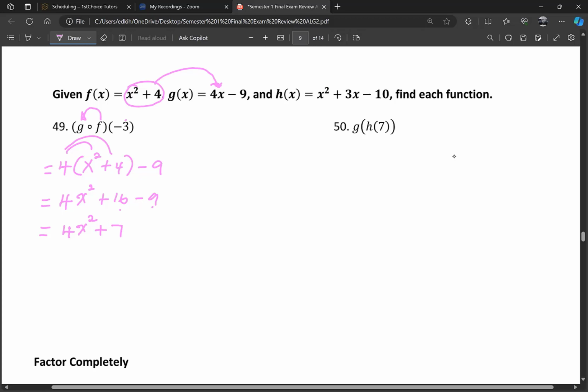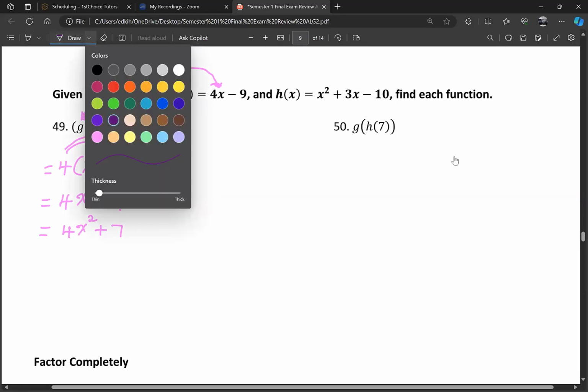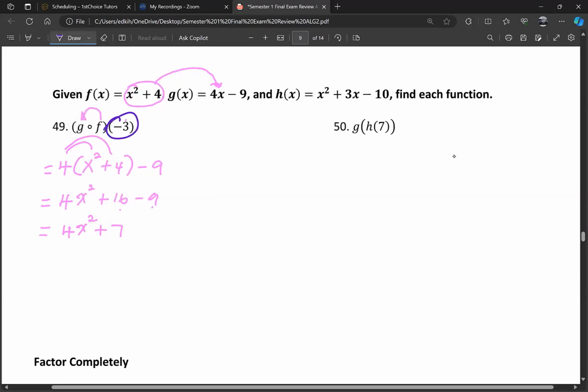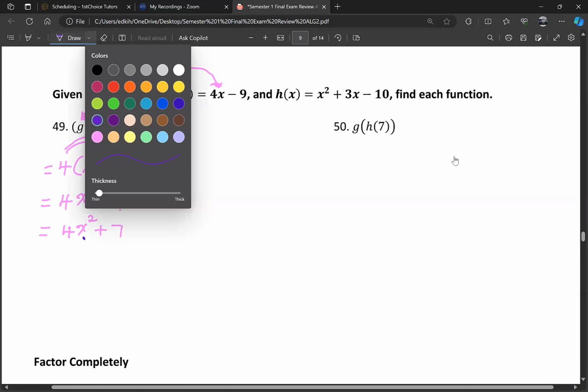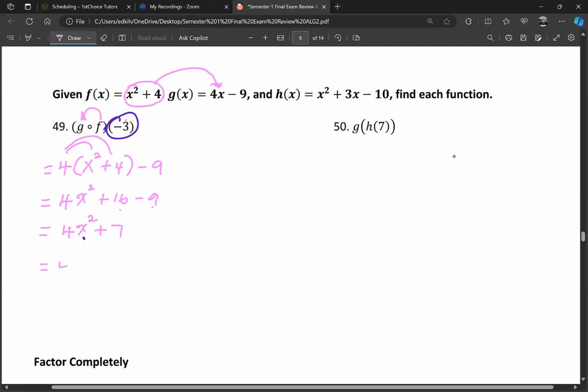Now that's part 1. The second part was saying once you have that, we just did this part, then you plug in this negative 3 into it. So now we're taking the negative 3 and putting it in place of x. Okay, so 2 steps. So we have 4, now we're plugging in the negative 3 in there, squared, plus 7.